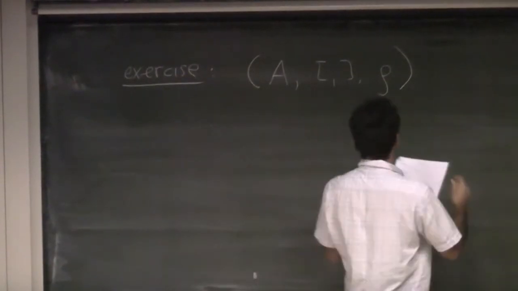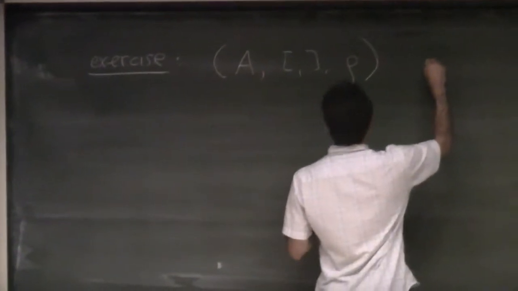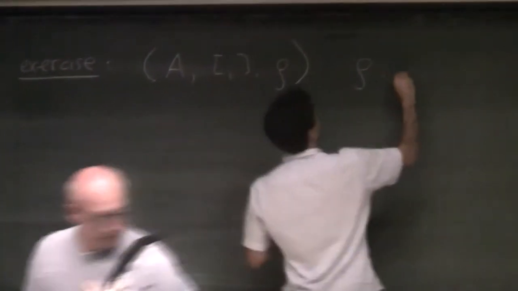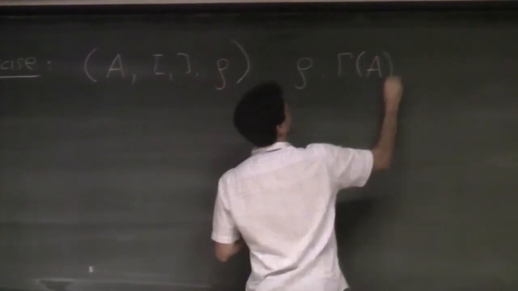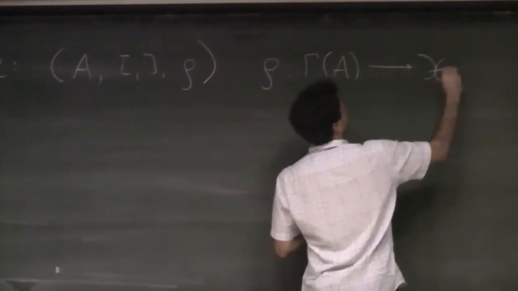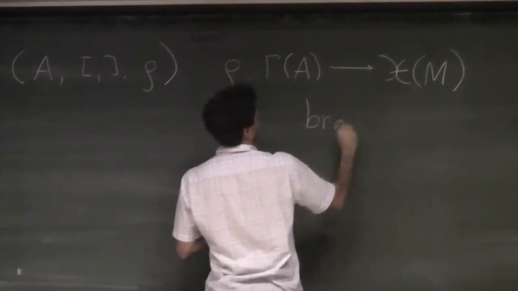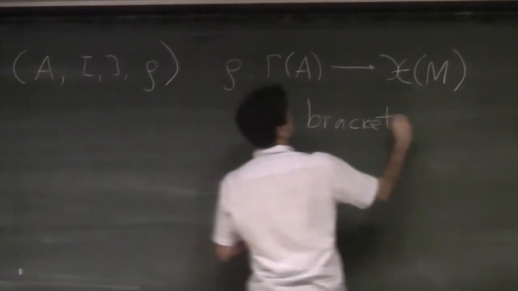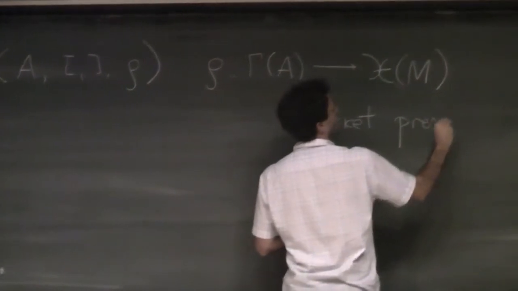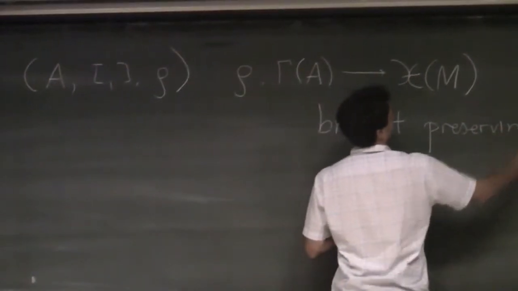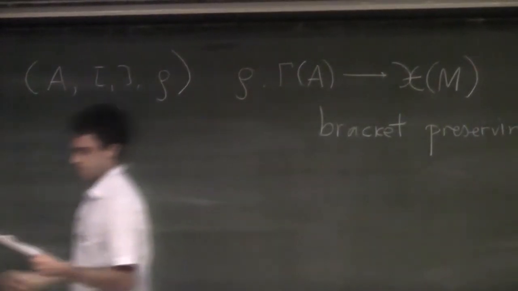So the exercise is to show that the map rho going from sections to vector fields at the level of sections is bracket preserving. So this follows from the Leibniz identity.